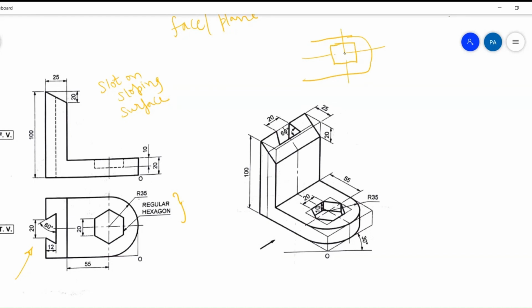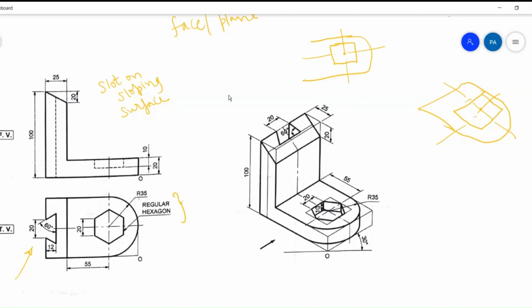You would have taken this point and this point and taken the distances, and you would have drawn it like this. You would have taken this point, then taken the distances, these four distances, and then you would have drawn it like this, correct? So I don't think there is any issue for any student in this. A rectangular hole as it is, you would have drawn it.